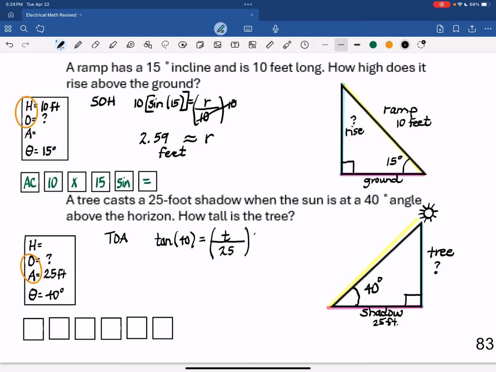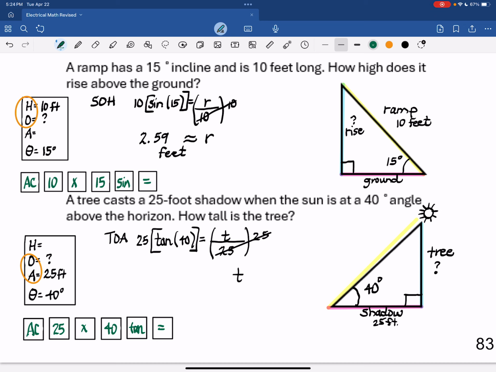So we're going to get rid of the 25 by using the reciprocal. And we are left with T. And then for the calculator, we're going to say all clear. 25 times the tangent of 40 equals. 25 times 40 tangent.